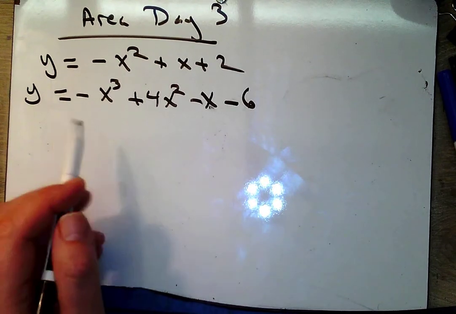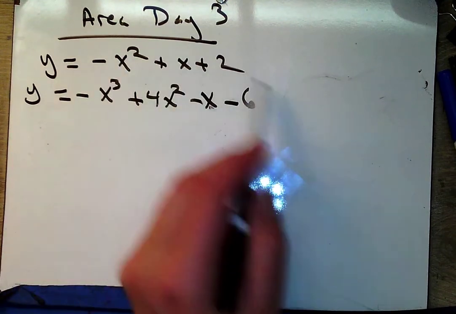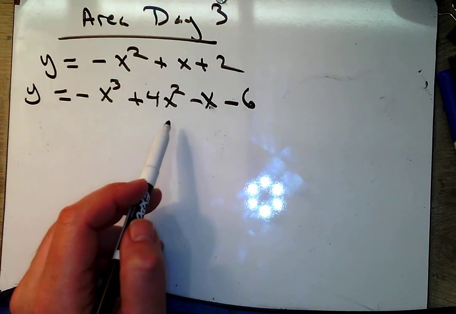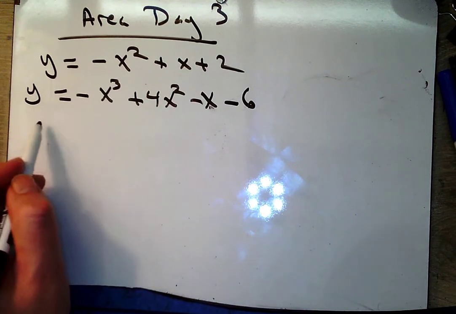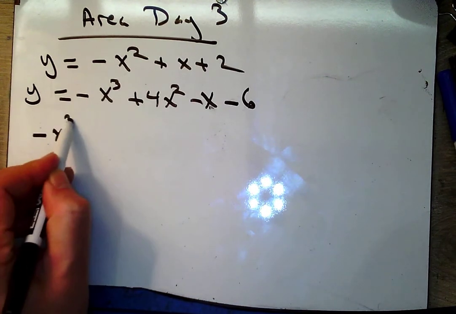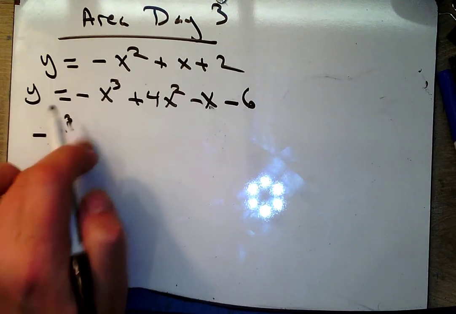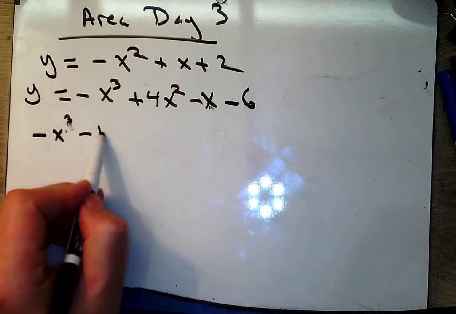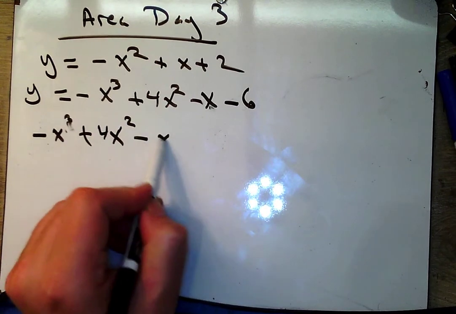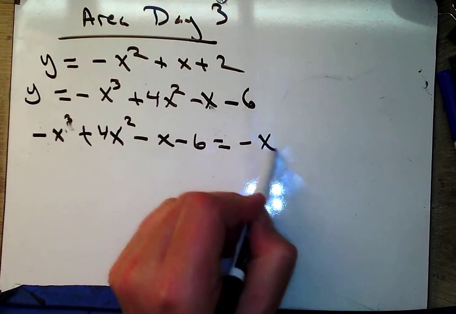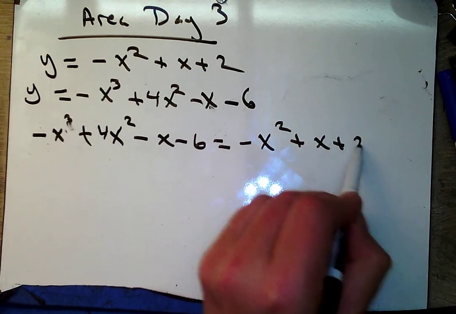Yeah, I'm just not seeing the factoring. And I think, in that case, I'm sort of left with, okay, well, then I guess I have to set them equal to each other and find points of intersection. Negative x to the third plus 4x squared minus x minus 6 equals negative x squared plus x plus 2.